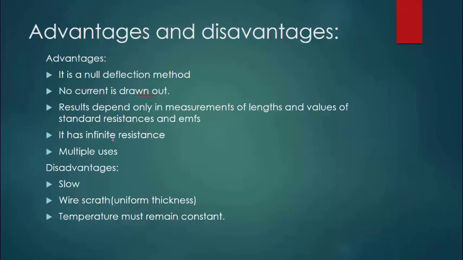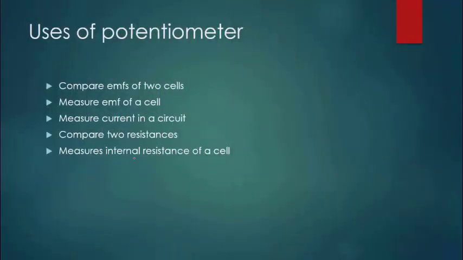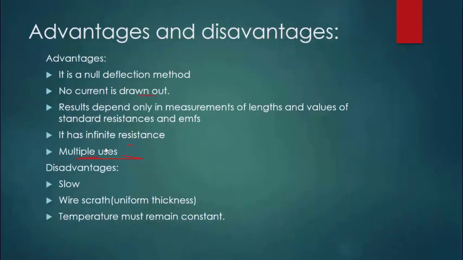So it has infinite resistance, so it is a very good way of measuring accurate EMF. Again, it has multiple uses. Advantage moja hapo, inaweza ikatumika kama ammeter, inaweza ikatumika kama voltmeter. So depending na wewe unavyotumia na calculation ambazo unaweza ku involve, as you can see, all these are the uses. So ina multiple uses. You can measure EMF, you can measure current, compare resistance, measure internal resistance, etc.